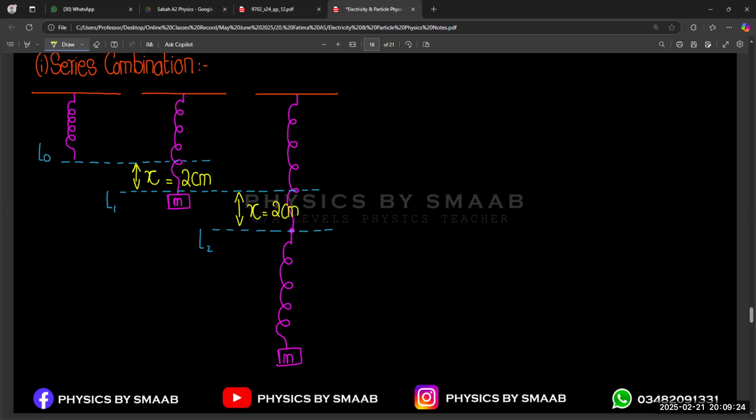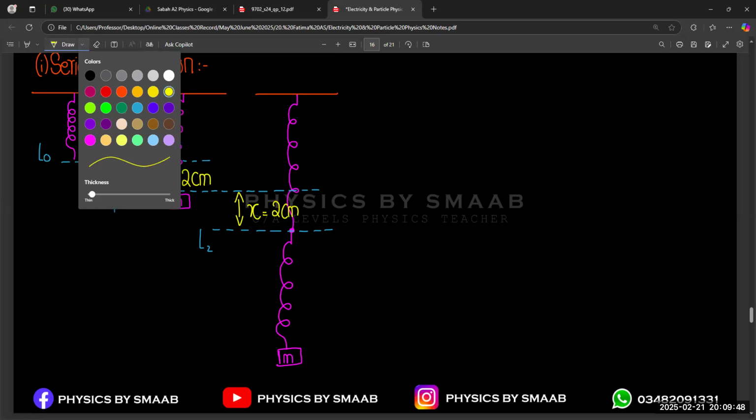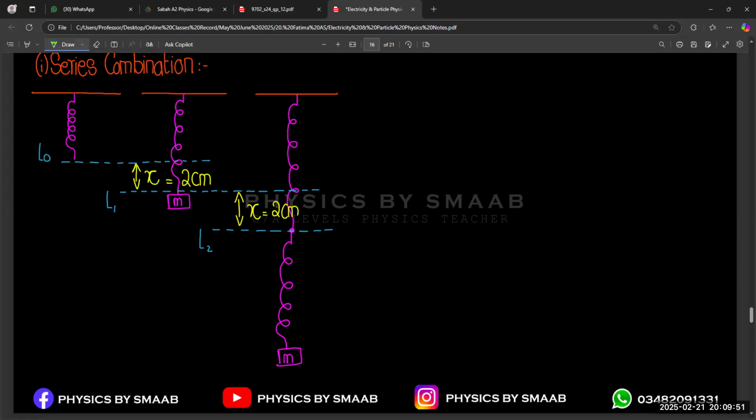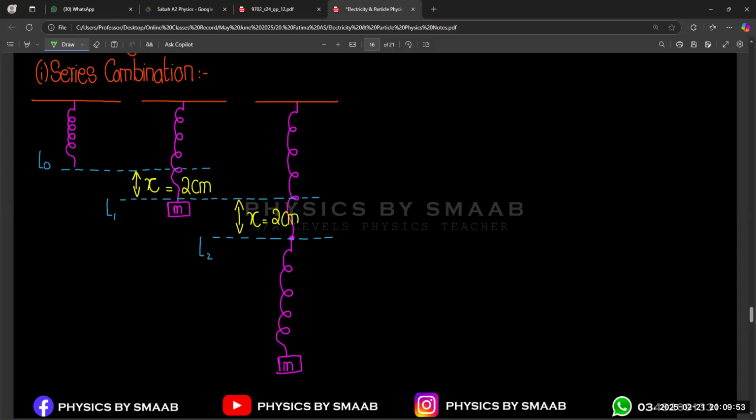And if we talk about the other points, so in deformation and in series combination, we can mention some more points. First of all, in series combination, the total extension of the spring increases.